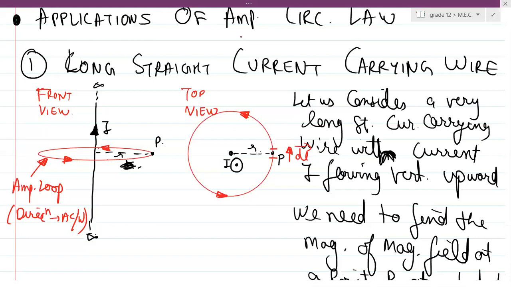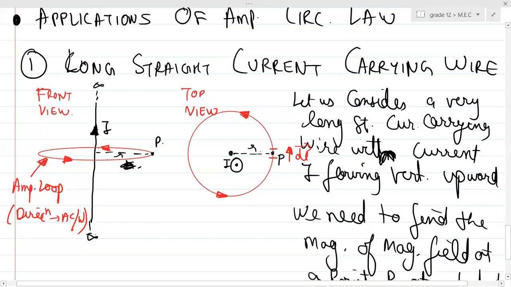Now tell me, what is the direction of magnetic field at point P? Everyone knows how to calculate the direction, right? Yes, sir. So basically, if I see the direction, the direction of magnetic field will be like this. Yes or no? Yes, sir.